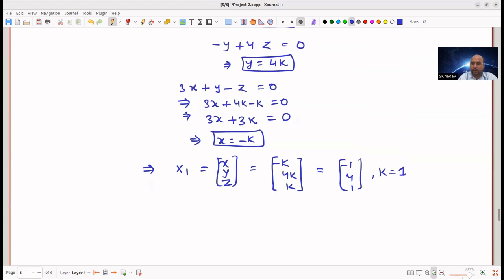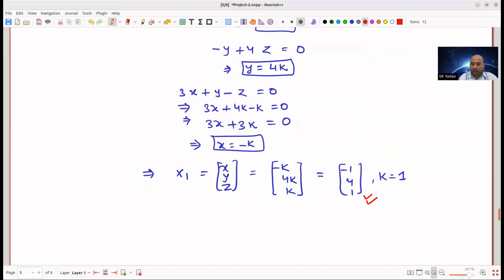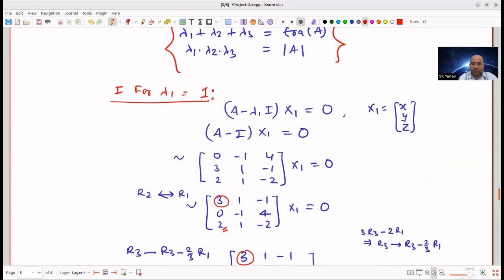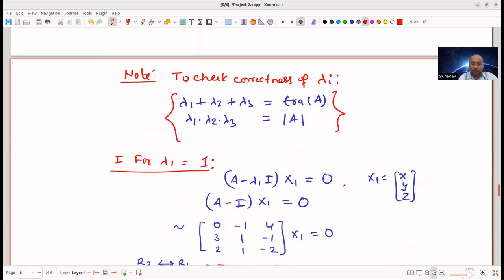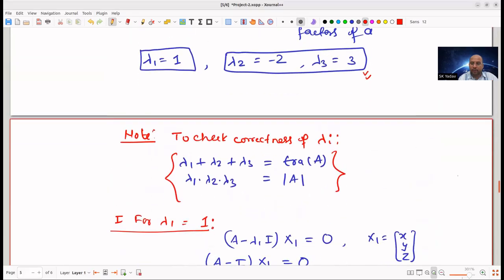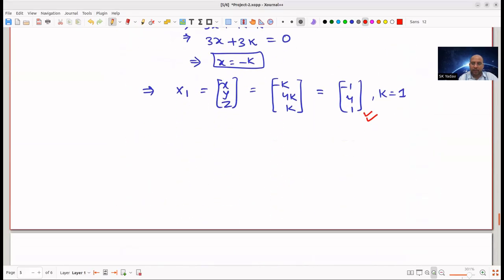So this is the first eigenvector corresponding to the first eigenvalue. For the remaining eigenvalues 2 and 3, you can find the eigenvector as a practice.